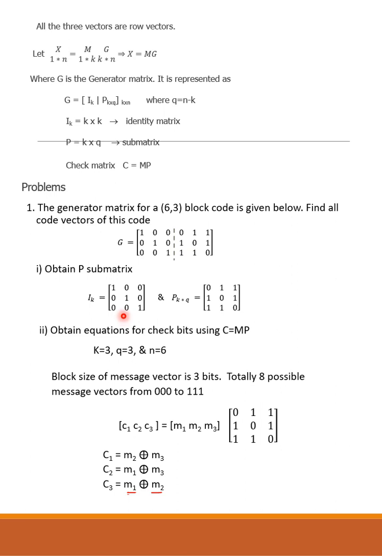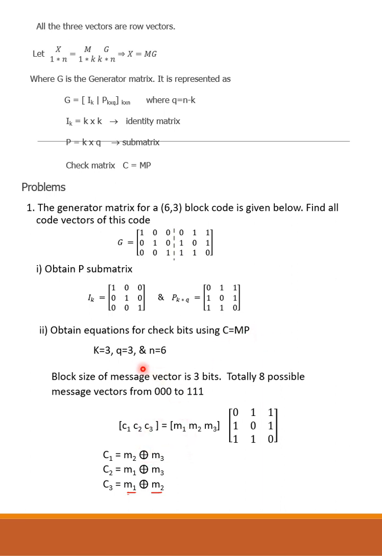Because the generator matrix has the form of I k and P submatrix with the size of k cross q, obviously this part is the identity matrix and this part is the submatrix. So easily we can separate them out. To obtain the equations for check bits using C is equal to MP, we need to apply the formula.